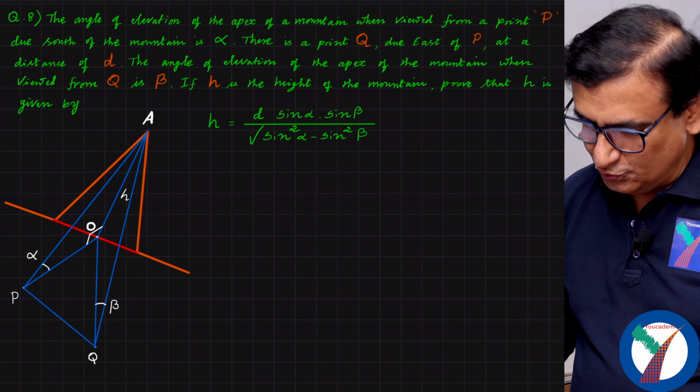Now we have to calculate the height h in terms of distance d and the angles of elevation alpha and beta. Let's get about doing it. First, let us consider the triangle AOP.